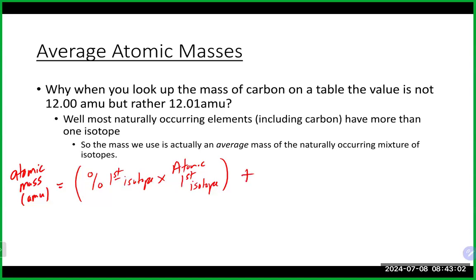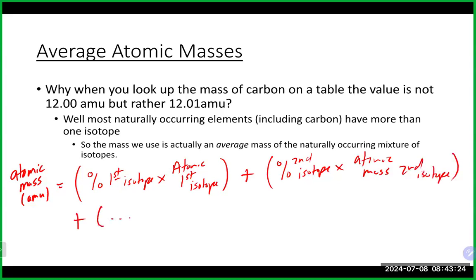And then what you do is actually add it. And this is something sometimes people screw up on. They want to multiply and everything here, but you actually add it. And then it would be the percentage of the second isotope times the atomic mass of the second isotope. And you really will just repeat this sort of pattern depending on how many isotopes there are.